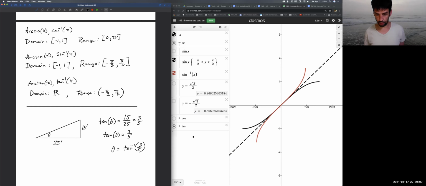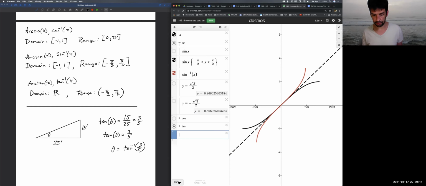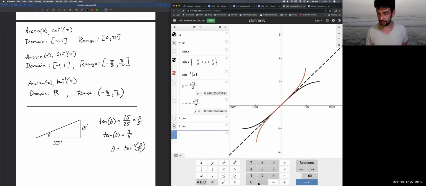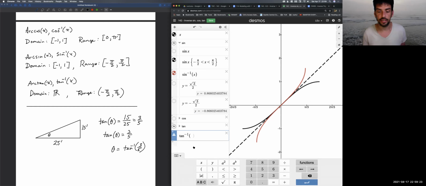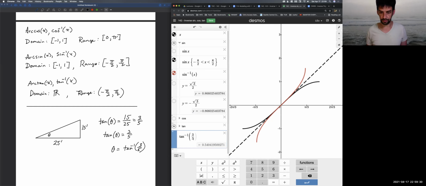Let's go ahead and I'll use this calculator since it's open. We've got a collection of functions. You see this inverse tangent, or tangent to the -1. It is inverse tangent is how we should say it, but it looks like an exponent. And I want the inverse tangent of 3/5.